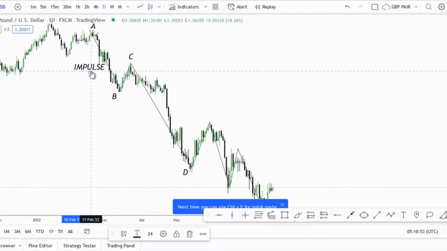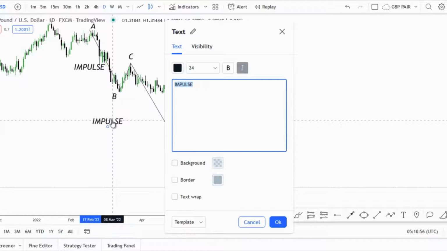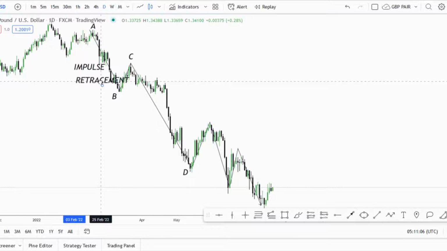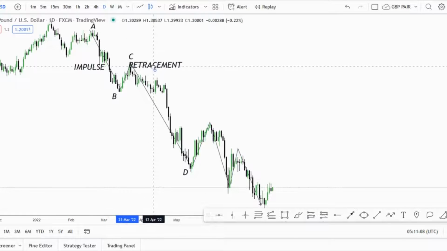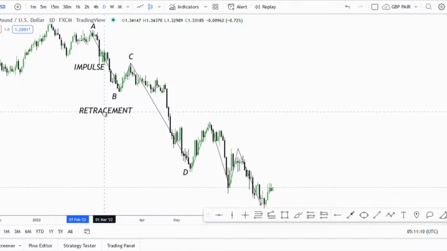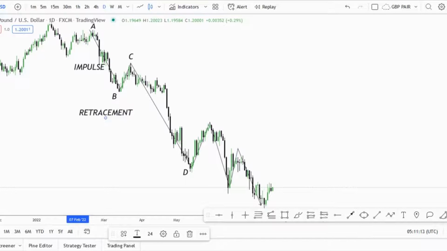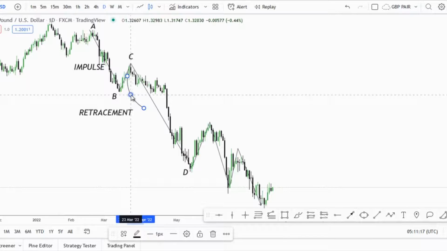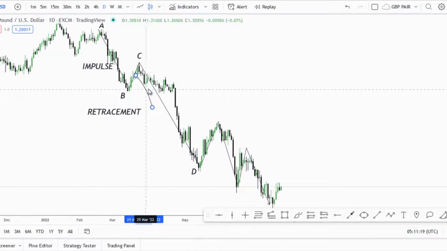This is an impulse, and then we have the retracements. In between point B and C, you have a retracement.